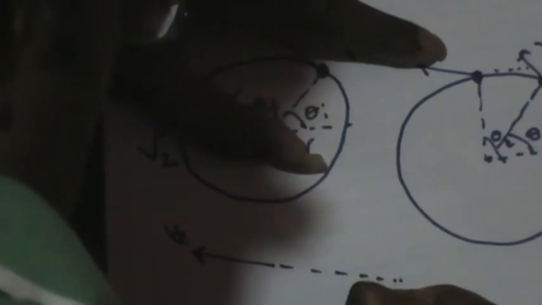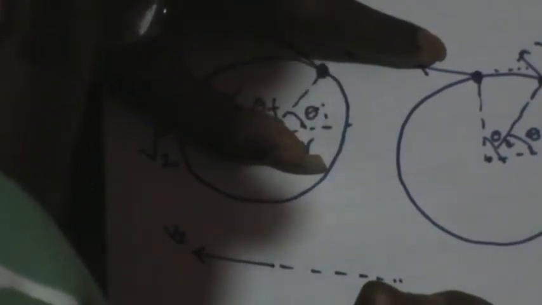Take the first one as V1, the second one as V2. So actually what happens is, this is V2, and this is V1.